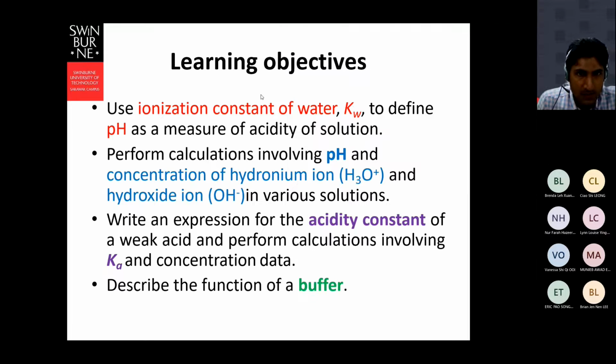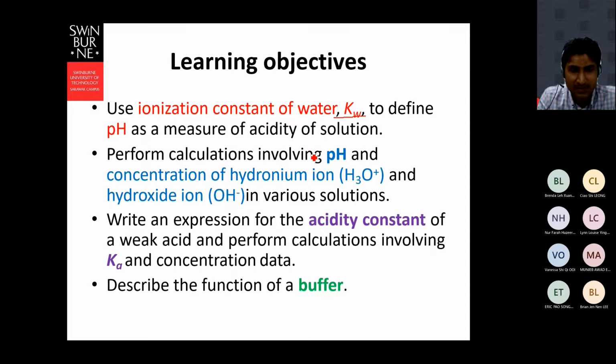So our learning objectives for this lecture is the ionization constant of water. First of all, we will learn the ionization constant for water so that it will be much easier for us to know the ionization constant for other things other than water, like any other acid or base. And from that constant, how do we use that constant to understand the pH of a solution? pH is the measurement of acidity, right?